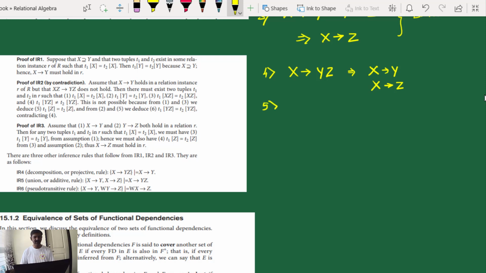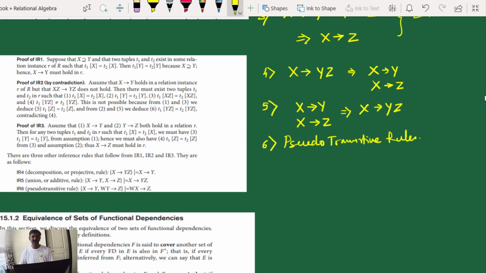The fifth inference rule is the reverse of rule number 4. If you have X arrow Y and X arrow Z, then we can write it as X arrow YZ. This is called the union rule or additive rule, and the fourth one is called the decomposition rule. The last one is very important. This is called the pseudo transitive rule.